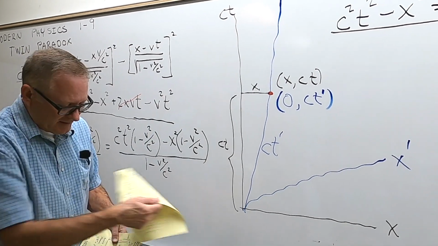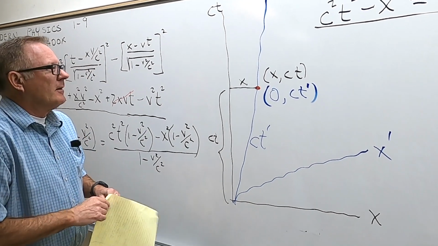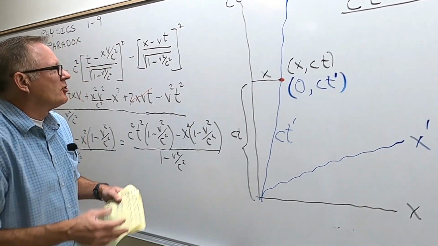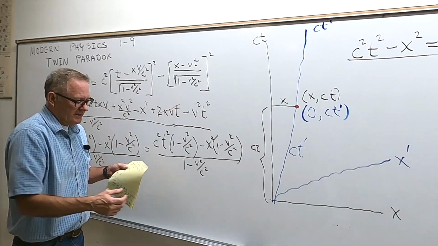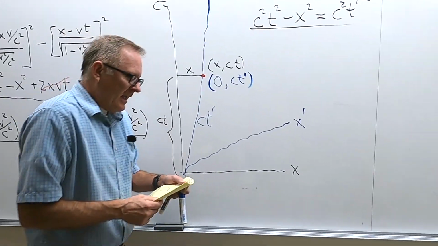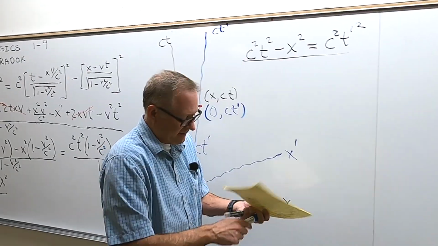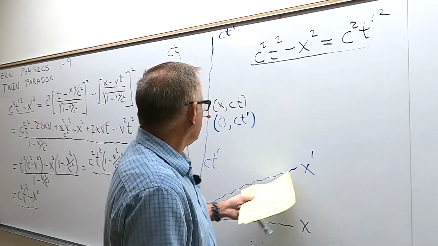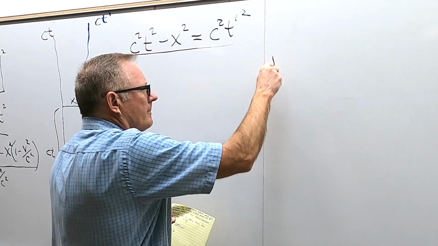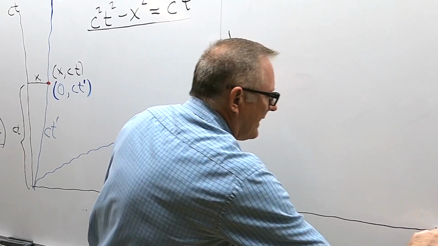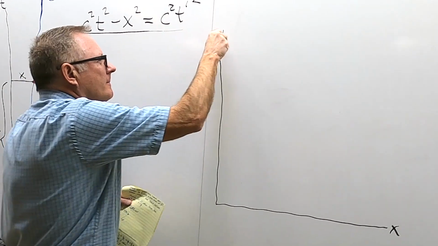So let's say that Frank and Mary are twins. And Mary is going to leave. She's going to go to a star. So let me draw this diagram again. Here's x, here is ct.